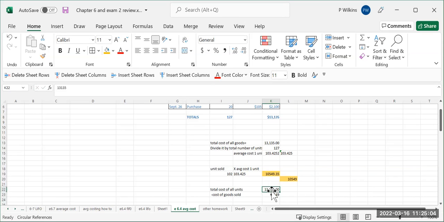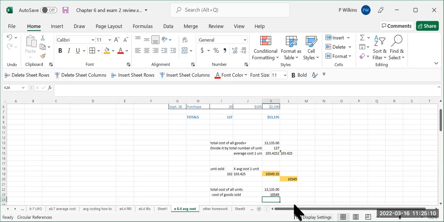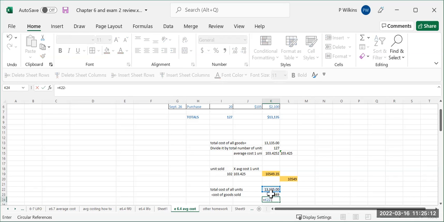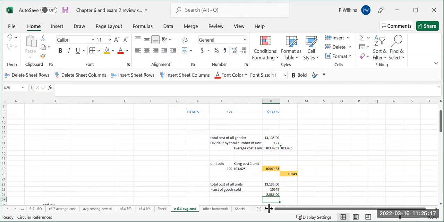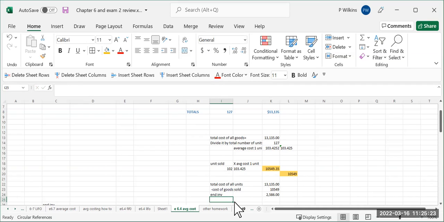So 13,135 minus 10,549 is going to give us our ending inventory cost, which is 2,586.